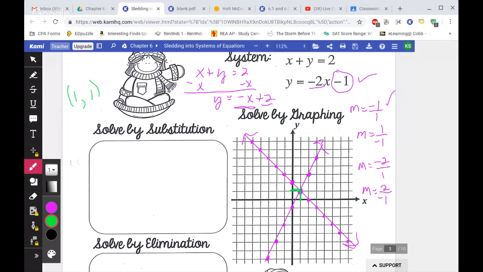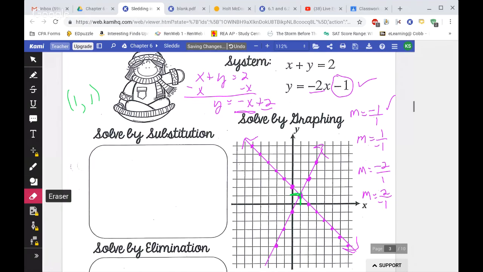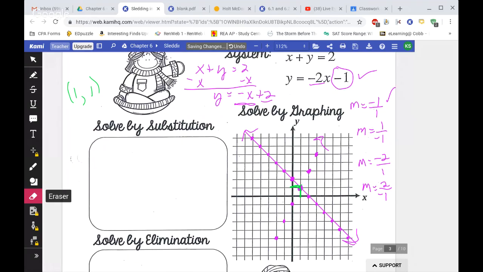So I obviously graphed something wrong. Okay, so let's see where -3, 5 is. 1, 2, 3. Oh, you know what? I graphed this one with a positive slope because my graph is rising to the right.